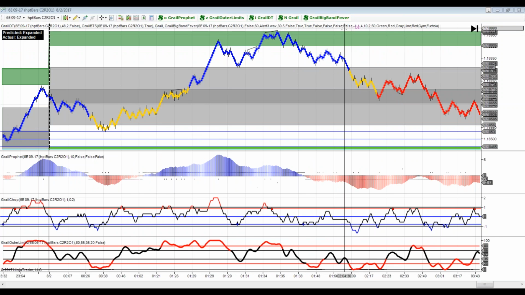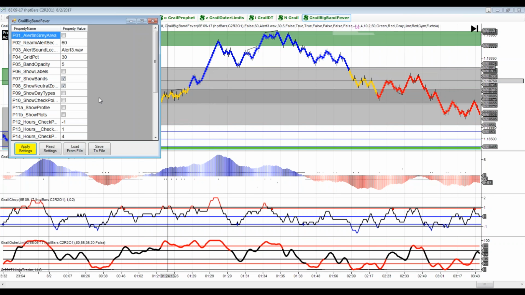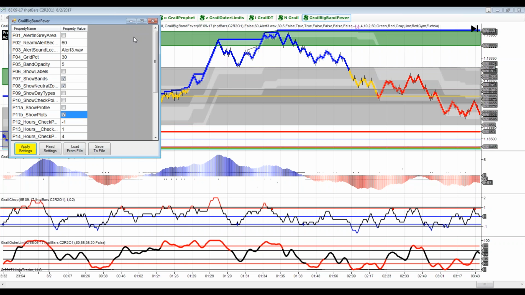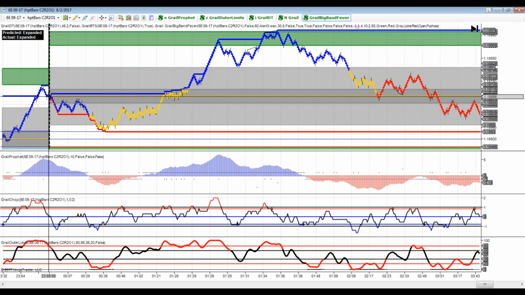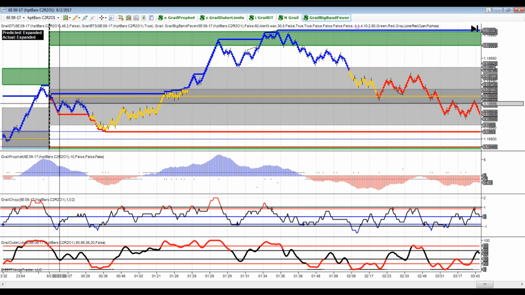Okay, here's 6E. Now I think I turned off, yeah, I show plots. There we go. Show labels. Okay, this was 6E. Same thing.